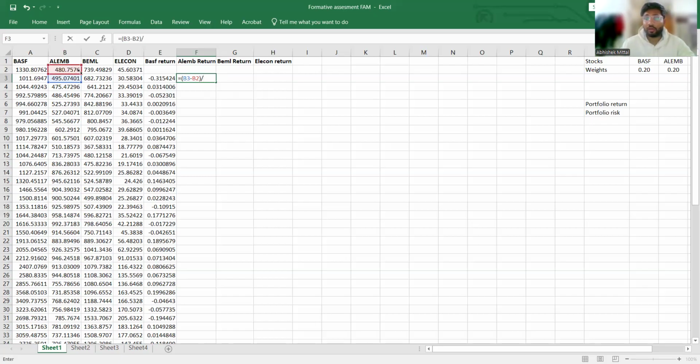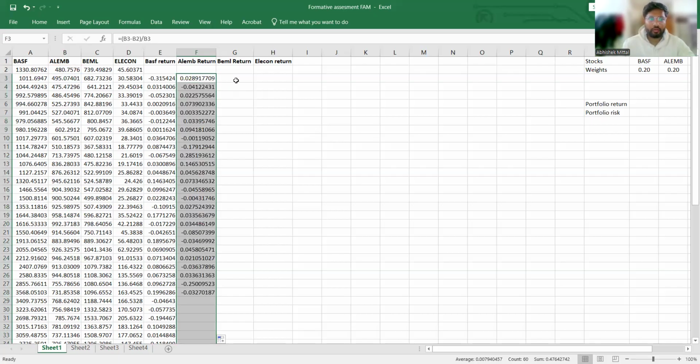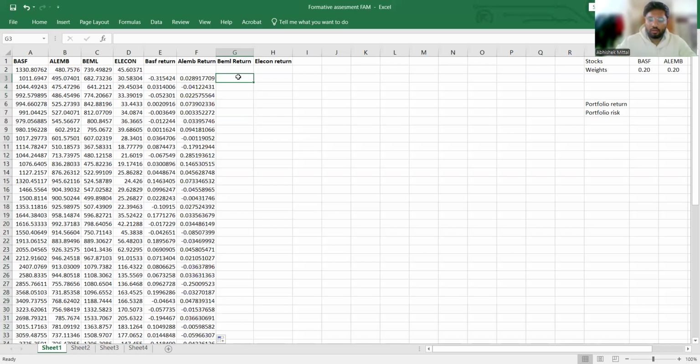Don't forget to lock the column, because if you don't, your answer may be different or wrong.